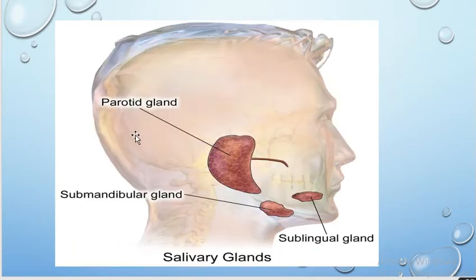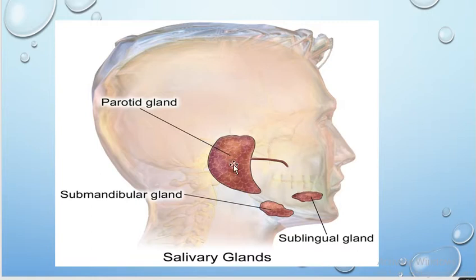In the digestive process, there are the salivary glands: the parotid, submandibular and sublingual glands. These 3 glands help with the digestion of the food, because they produce mucus, some watery discharge, and some amylase enzyme, which helps with the breakdown of food. So the initial process of digestion starts from the oral cavity, and these glands help the food to mix and break down into pieces, and then it goes into the esophagus.